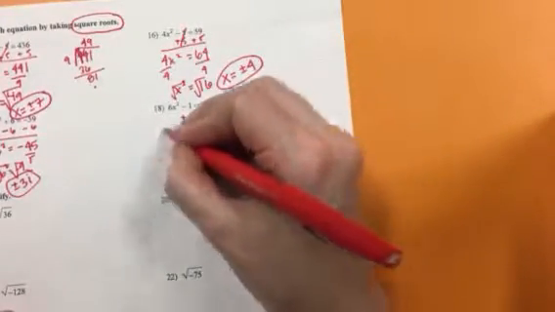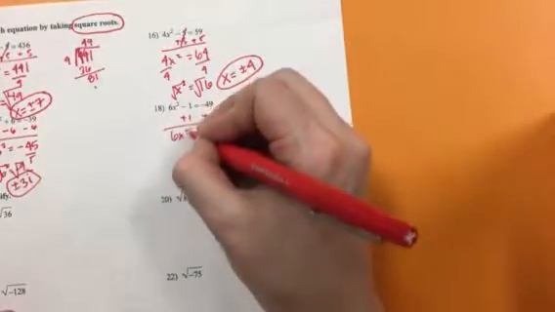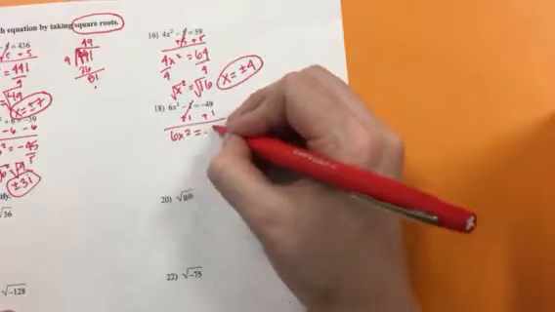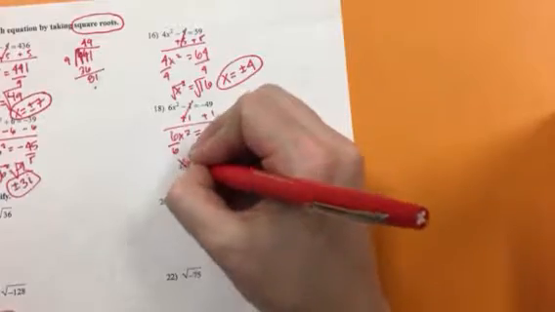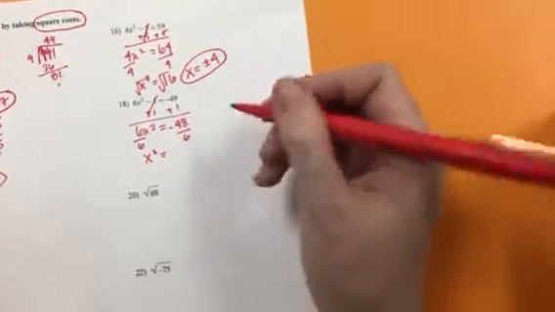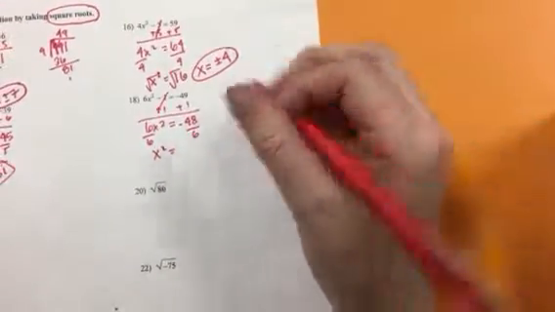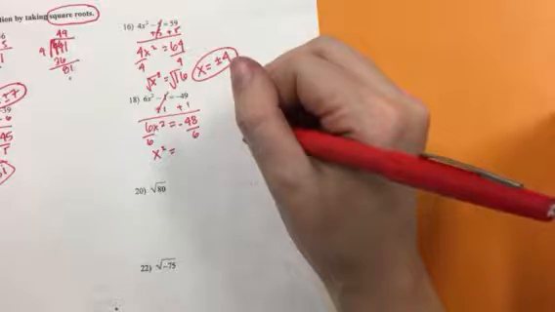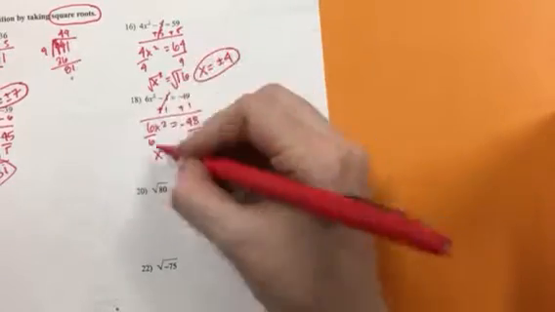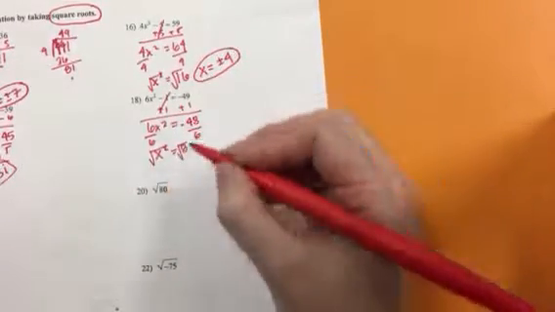Add 1. 6x squared equals negative 48, divided by 6. x squared equals negative 8, square root.